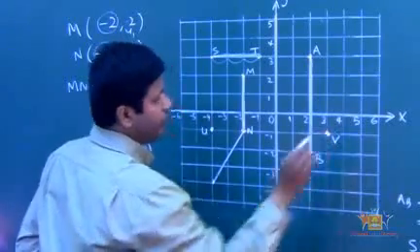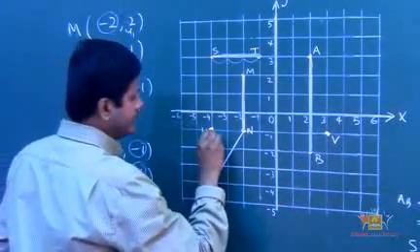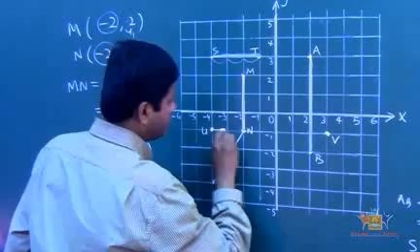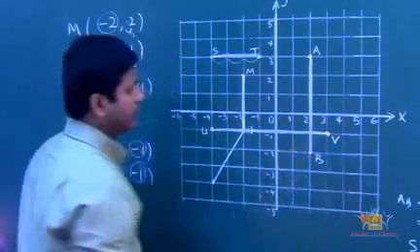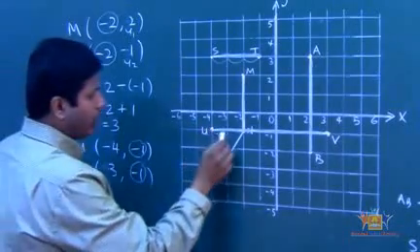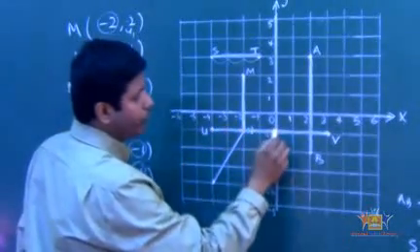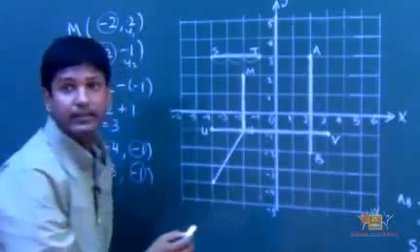That's going to be your V. So we want to find the distance from this point to that point. It's a straight, horizontal line. Now we can count 1, 2, 3, 4, 5, 6, 7.